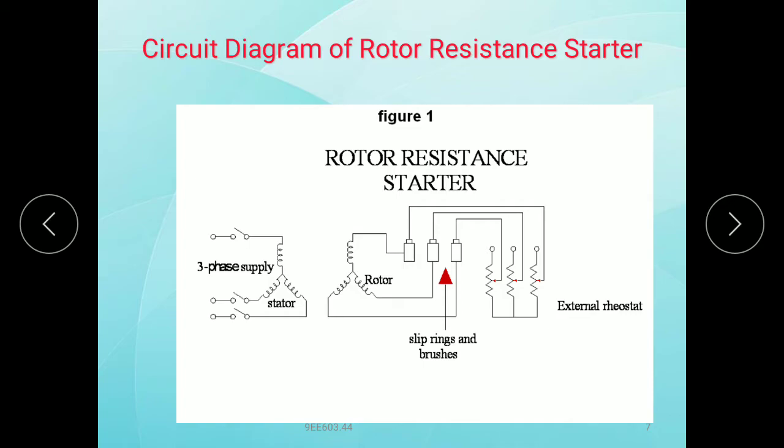Here we are giving the supply full voltage, and here we are connecting the variable rheostat. By connecting external rheostat resistance, we can control the stator current.